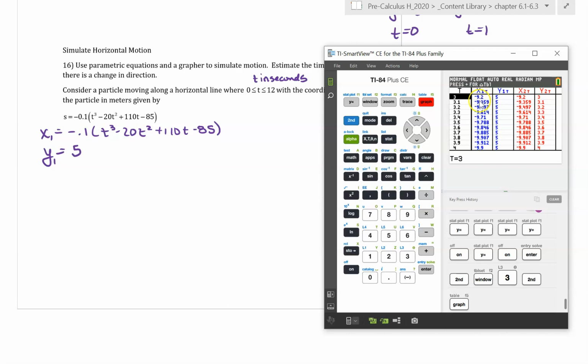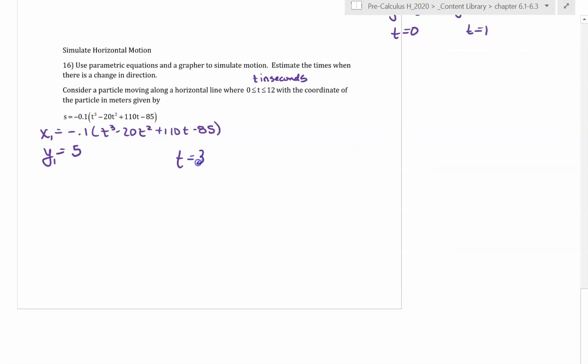Notice that our x is going from negative 9.2, negative 9.3, so it's moving to the left, and then right about here at 3.9, do you see how we were at x equals negative 9.912, and then it was negative 9.9. So that's where it started moving to the right, and then negative 9.8, etc. So we know that at 3.9 seconds, we changed directions.